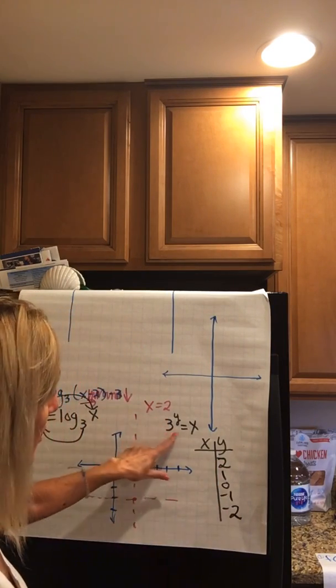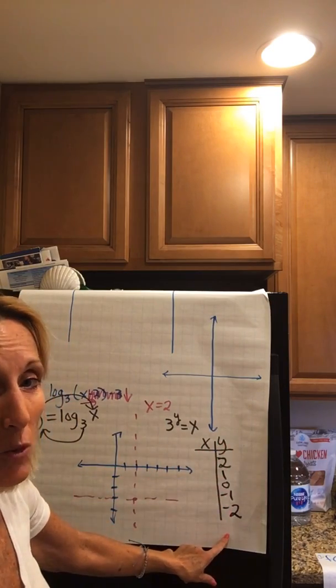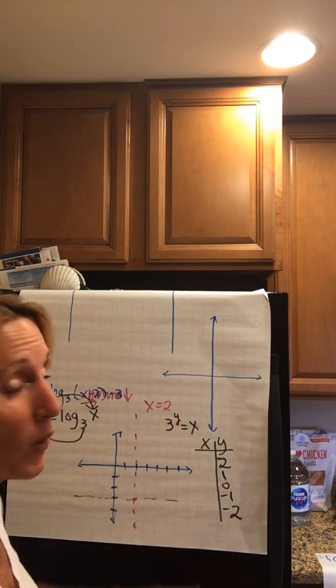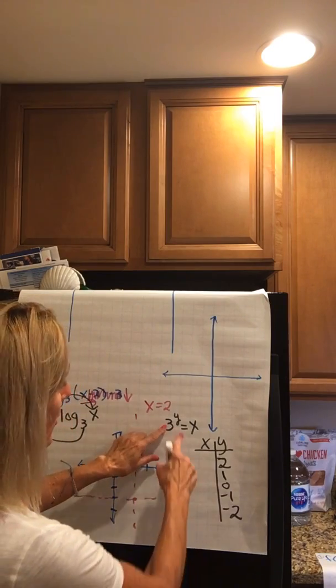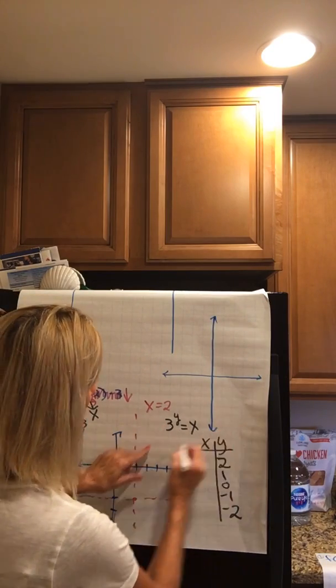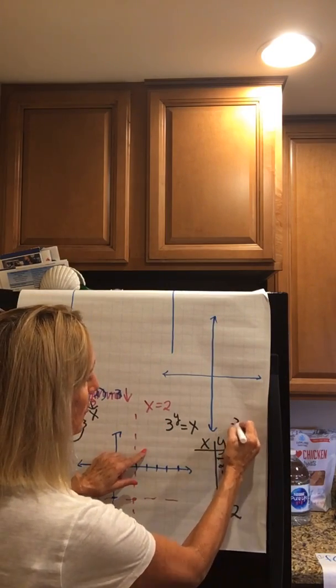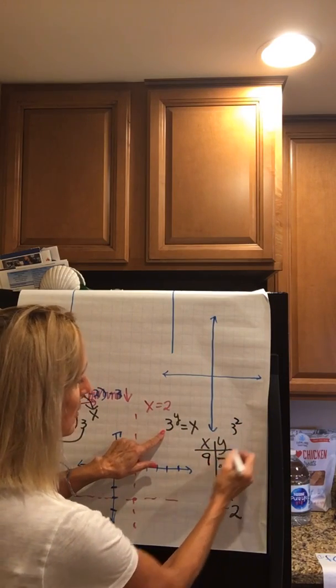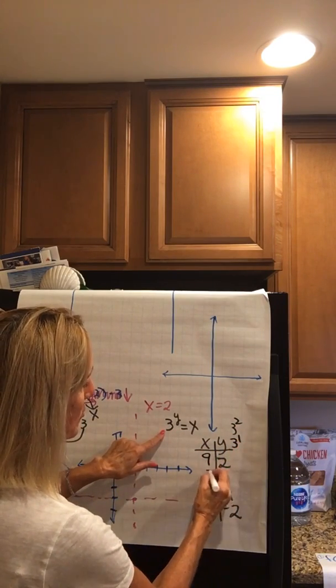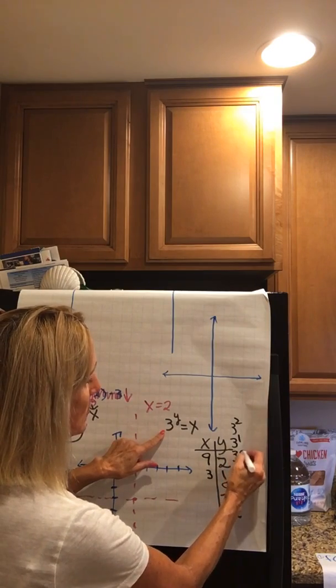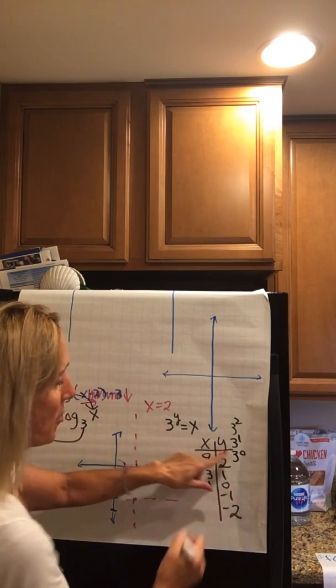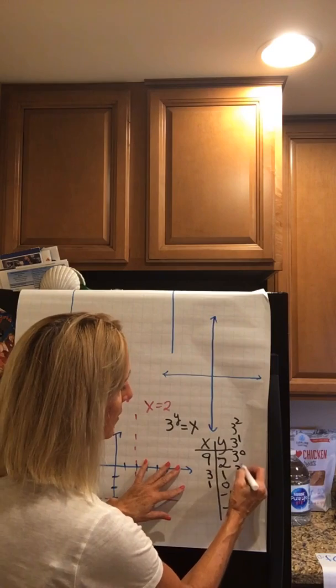All right, so remember this is y. That's why I put the y side first, because it's 3 to the y, not 3 to the x. So here we go. 3 squared is 9. 3 to the first is 3. 3 to the 0 is 1. 3 to the -1.